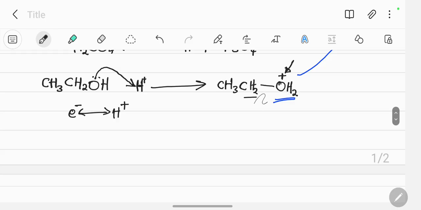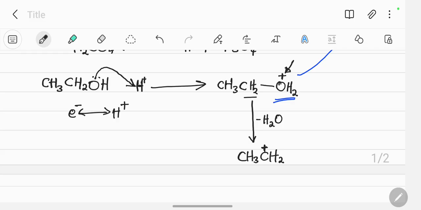The water is going to be lost. You indicate negative there, meaning it's loss of water. Then our remaining compound is going to be CH3 CH2 plus. You see that?